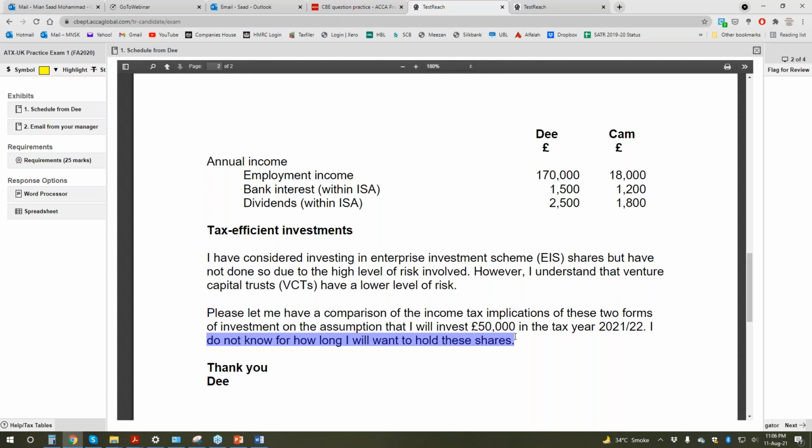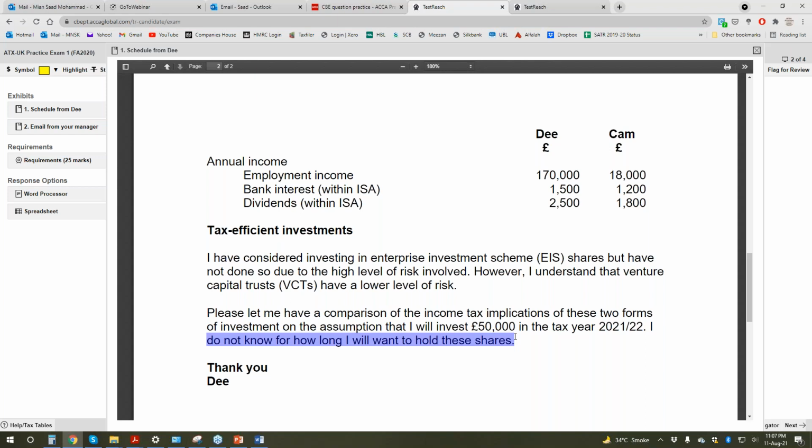If you invest in EIS, you are going to get the 30% tax reducer, but do remember that against that tax reducer, if you sell the shares within 5 years, HMRC is going to ask you to return the reducer amount. Why? Because you have to hold the investment for 5 years in VCTs at least. Otherwise, you have to return the tax reducer which you have taken when you invested in that.